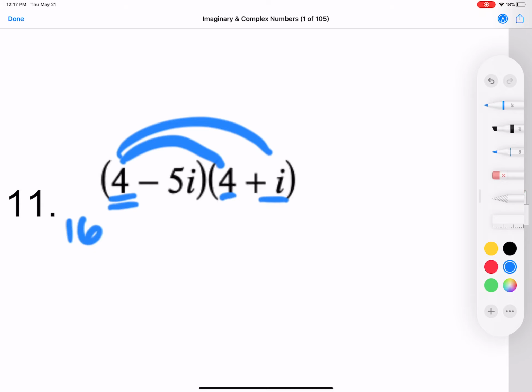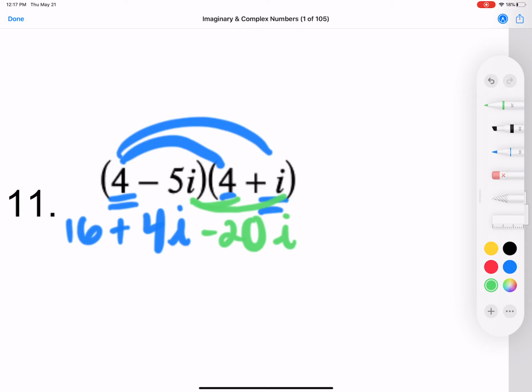And then 4 times i is just going to be a positive 4i. For the next one, I'm going to multiply -5i times 4. That's -20i. Treat your i like a variable right now. And then -5i times i is going to be -5i squared.